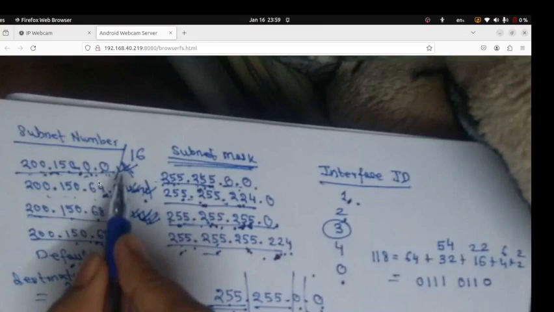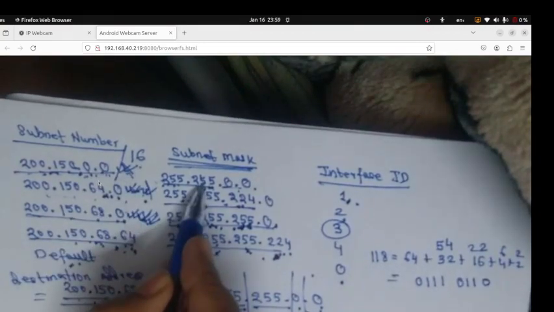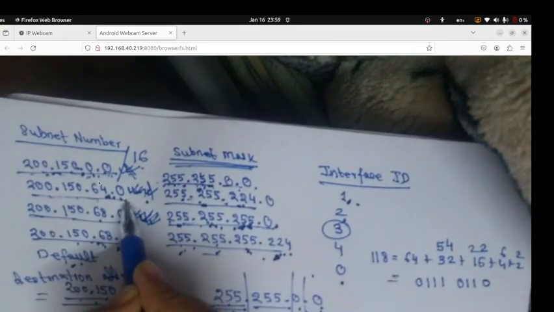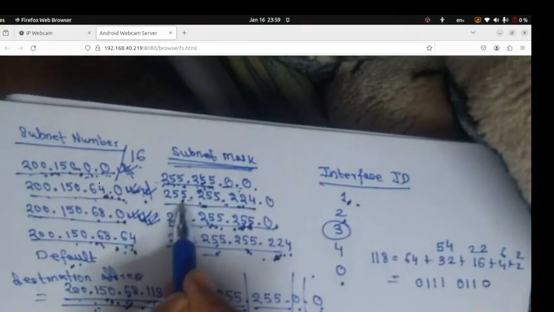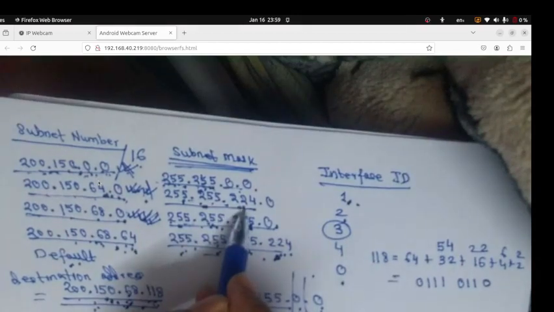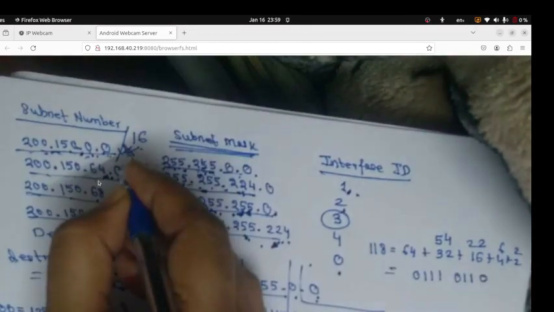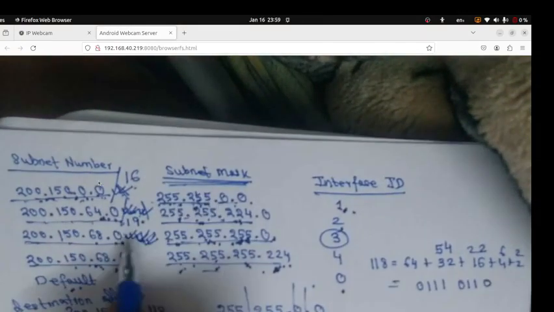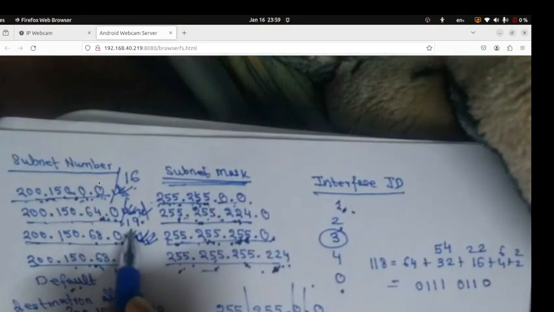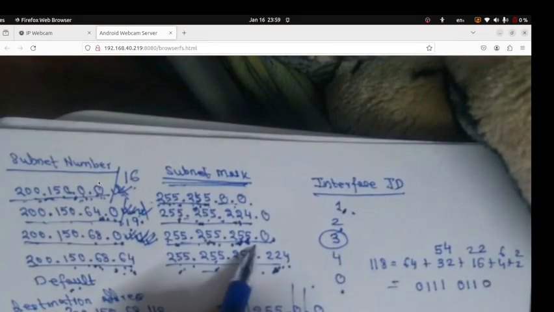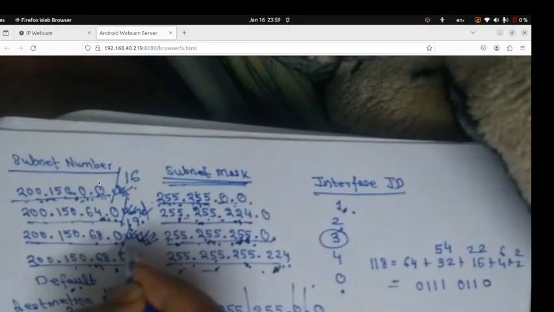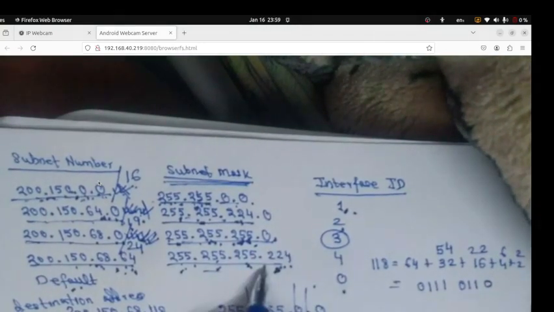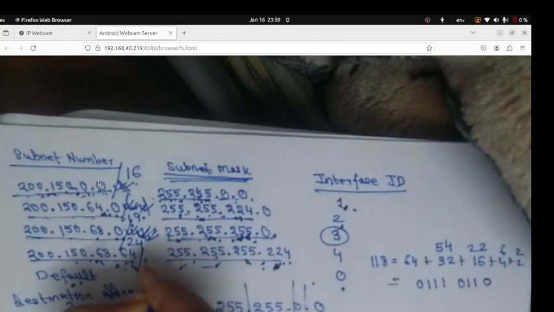This notation and that notation are different but the meaning is the same. Similarly, this is the network address and the length of the mask is 8 plus 8 plus 3, that is 19 bits. So we can write this network as /19. That means the length of the prefix is the leftmost 19 bits. Here 24 bits are the length of the prefix, so I can write this as /24. Here 27 bits are for the network, so I can write this as /27.